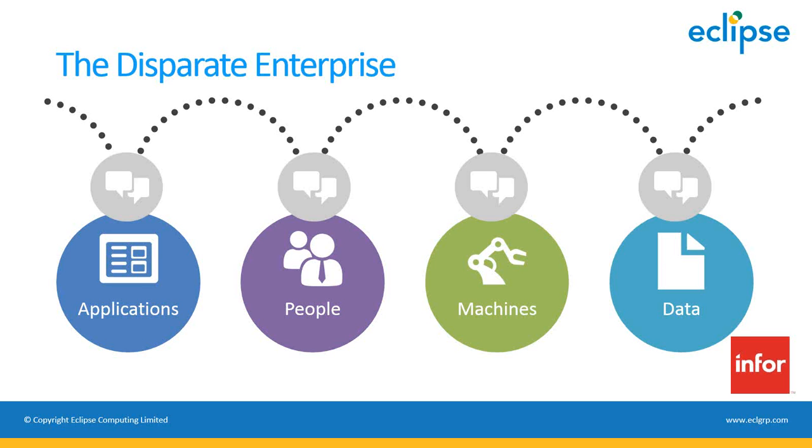So Ion was conceived as a way of building workflow not just within Infor applications, but having a common platform where we could build workflow or processes, alerts, tasks that reach out across multiple applications.